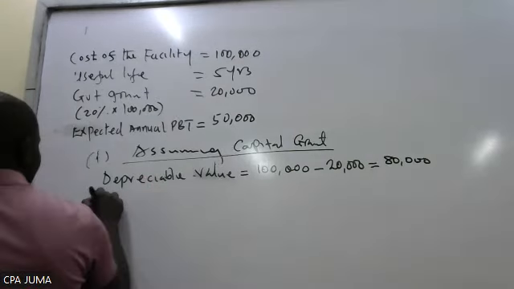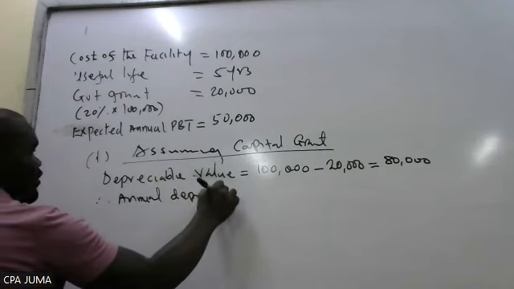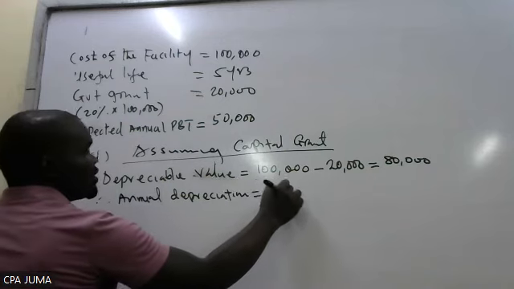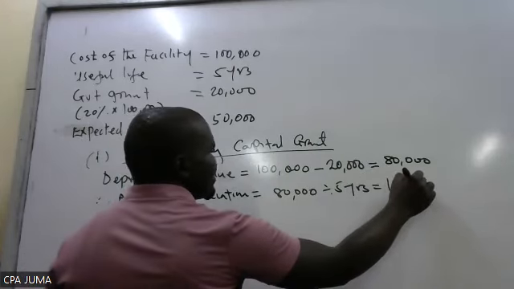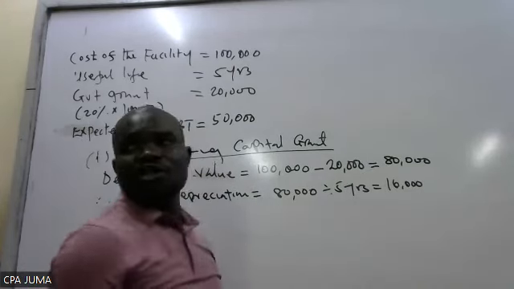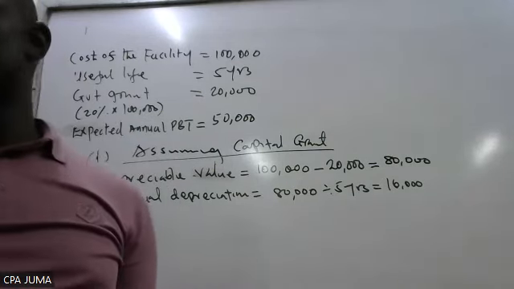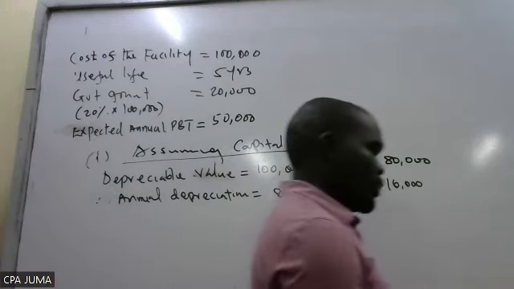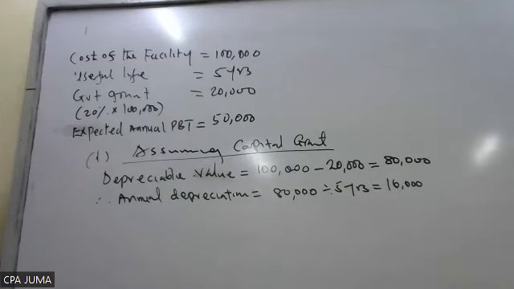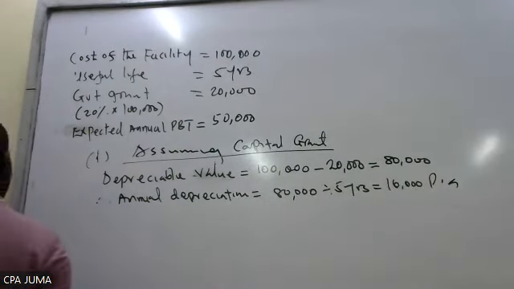So what should be depreciated is how much? 80. Therefore, annual depreciation will be 80 divided by how many years? 5 years, giving you 16. So 16,000 per year. That is enough.